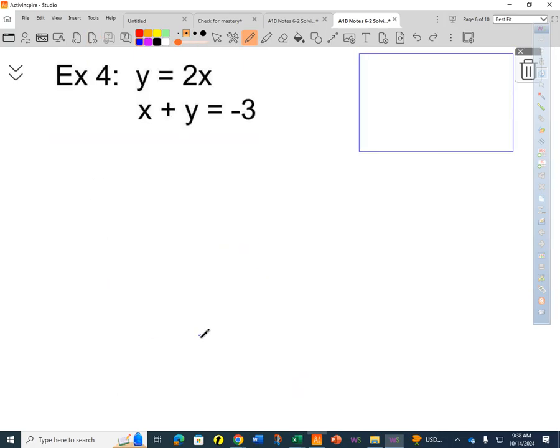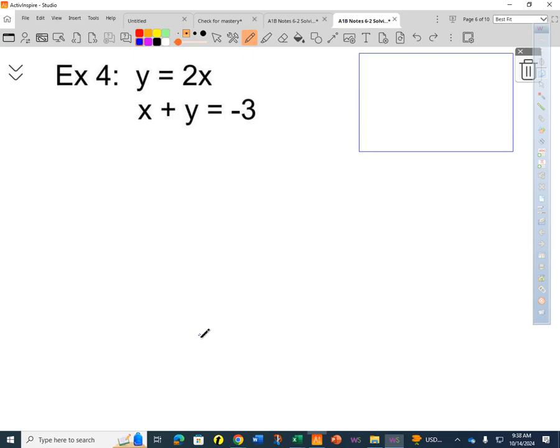Example 4. Now, I've got two equations. y equals 2 times x. And x plus y equals negative 3. Now both equations have an x and a y. If I want to use substitution, though, so we're going to learn other ways to solve algebraically. When we solve by substitution now, whatever they give us, we're going to work with, right?